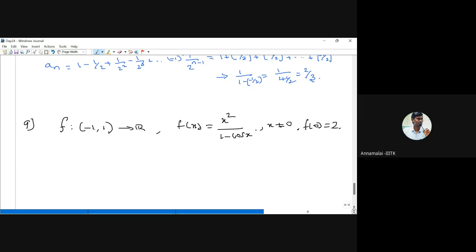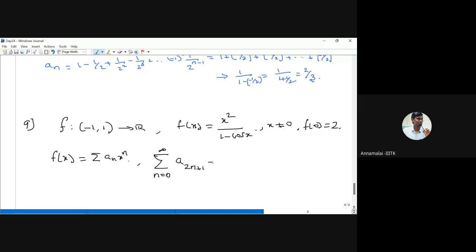Okay, anyway. Now suppose f of x is written in the Taylor series expansion, summation a n x power n, for all points x in the open interval minus 1 to 1. Now the question is, what is the value of the sum of the odd terms, a(2n+1), where n equals 0 to infinity?